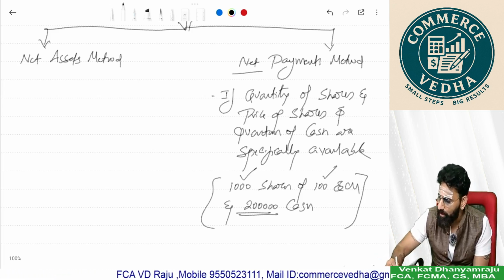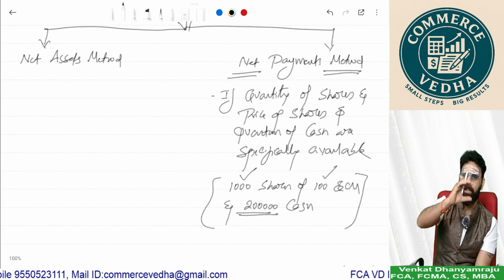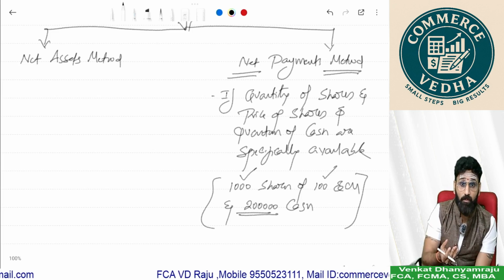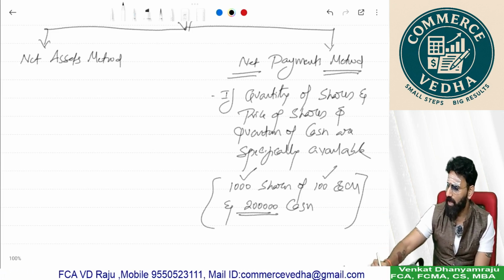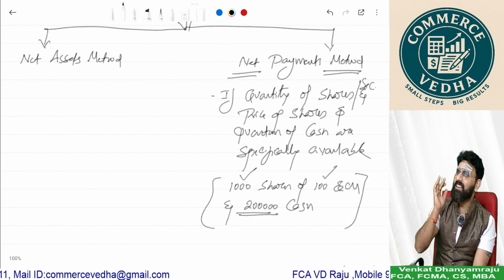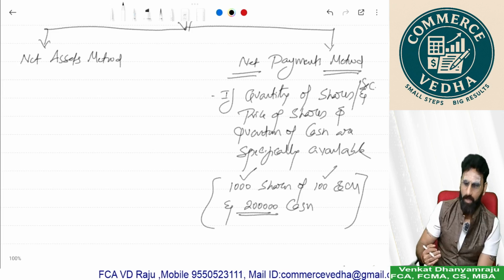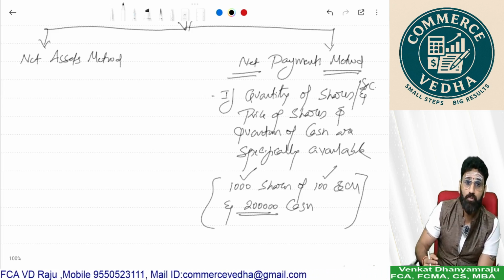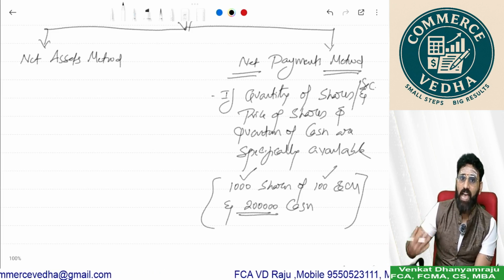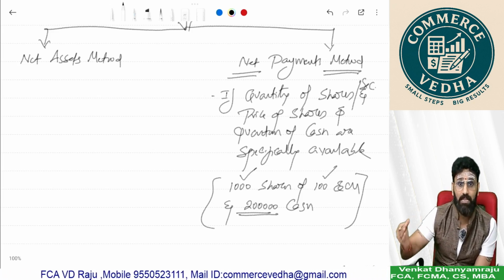Then you should use net payments method. So the question gives you this many shares at this price, this much cash, this many debentures at this price. Shares or securities, I can say. If it is clearly available what the transferee is paying to the transferor in terms of the number of shares and the price of shares, number of debentures, price of debentures, and the cash, nothing is to be identified separately or missing.